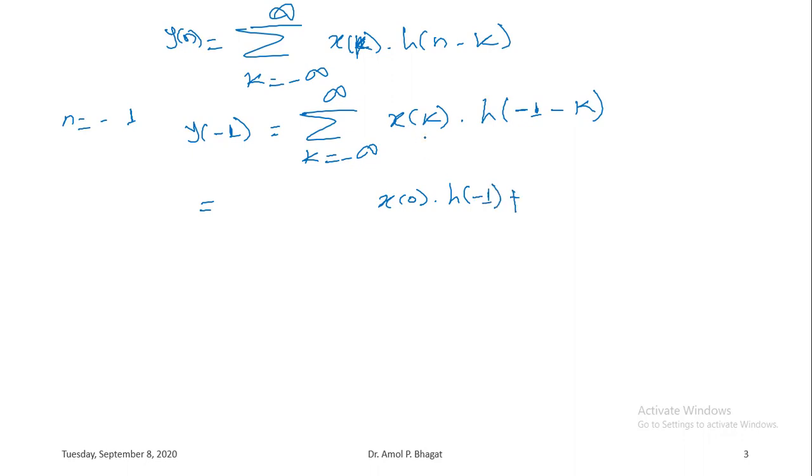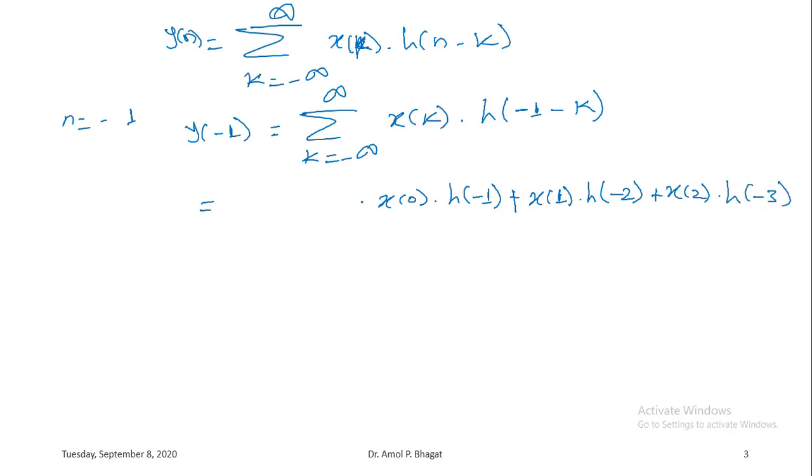Plus, for k equals 1, x of 1 into h of minus 1 minus 1, which is h of minus 2. Plus x of 2 into h of minus 1 minus 2, which is h of minus 3.